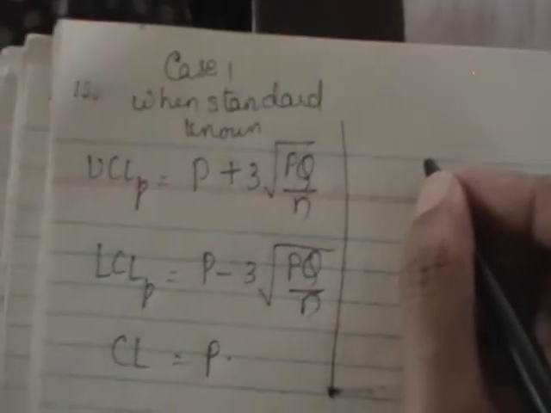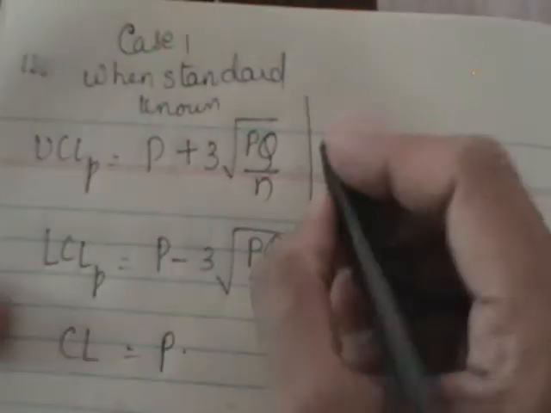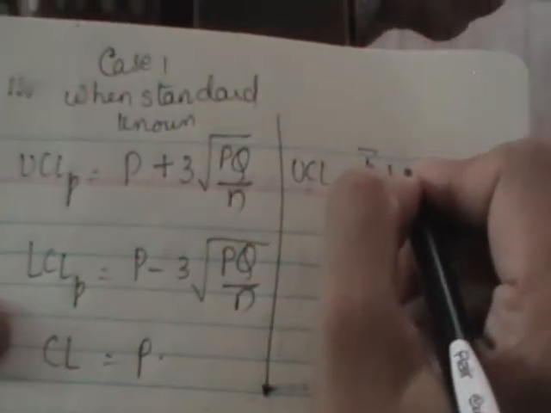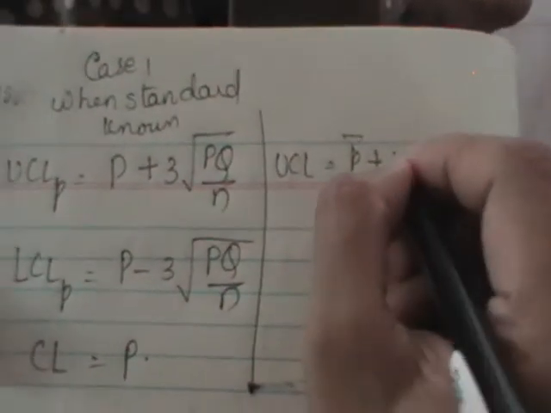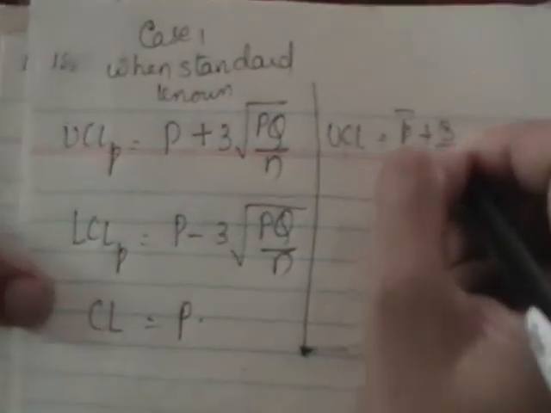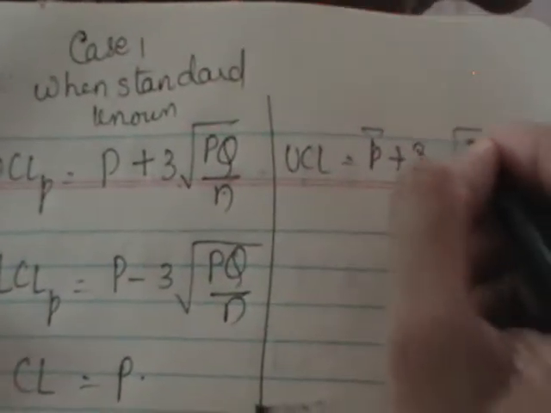Okay, likewise in the x bar R chart, you will have two cases. This is the case when standards are known. Whenever standards are unknown, UCL is nothing but p bar plus 3 by root over n. Let us take out this root over n here into root over p bar q bar.